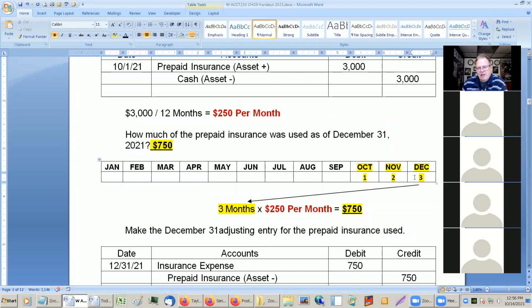The boring accounting term for doing that is the matching rule. You try to match your expenses with the revenues for the same period, basically. They use a little different terminology.